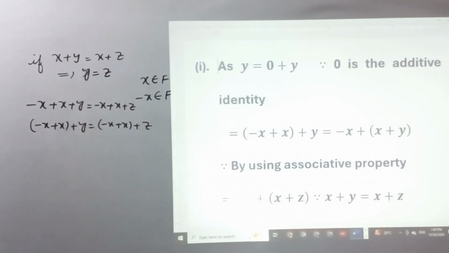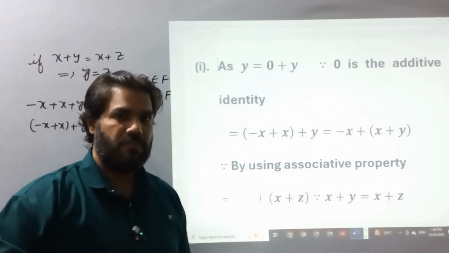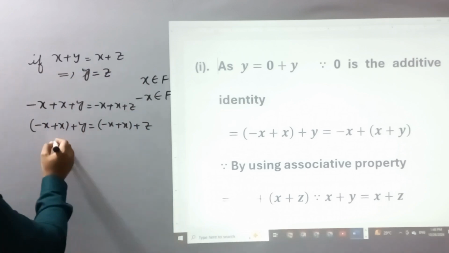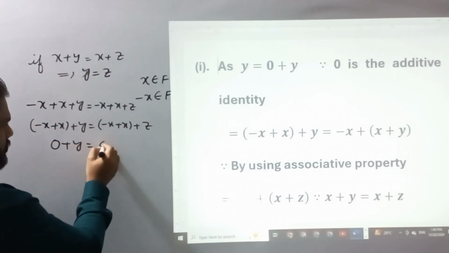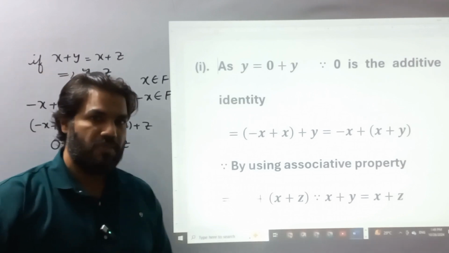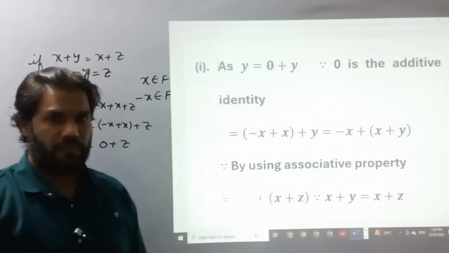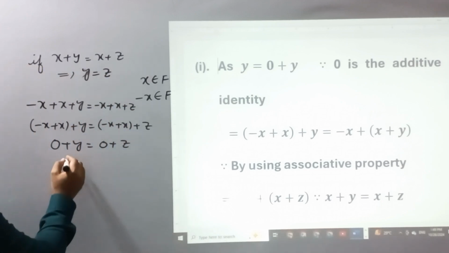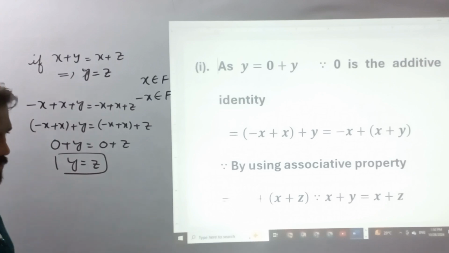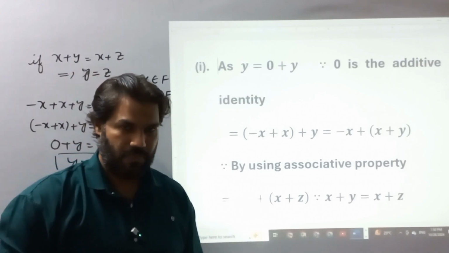Next, because x and minus x are additive inverses of each other, their sum will be 0. So this is 0 plus y equals 0 plus z. Now 0 is the additive identity, so when we add 0 to any number, it will not affect that number. So this will become y equals z. So this is one of the methods to prove the first axiom.